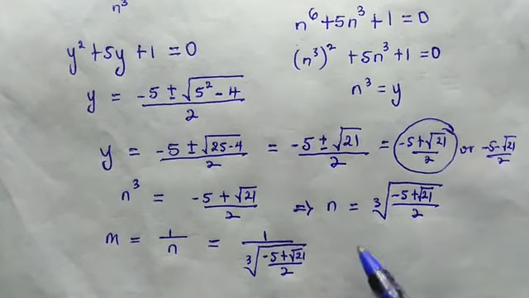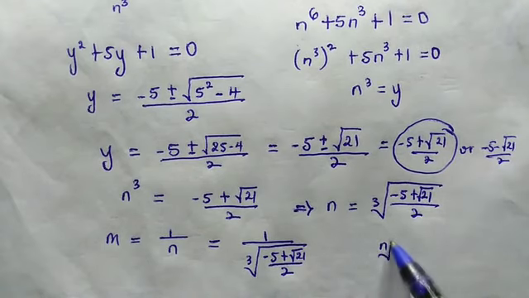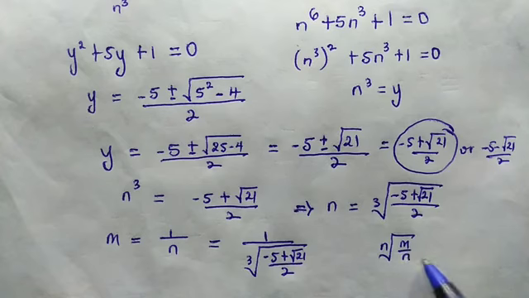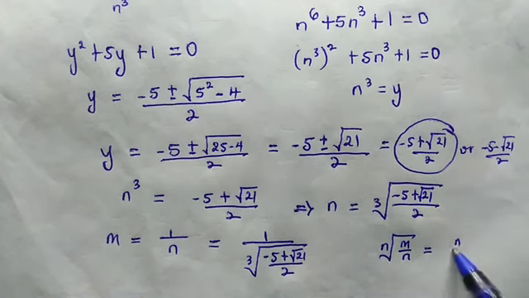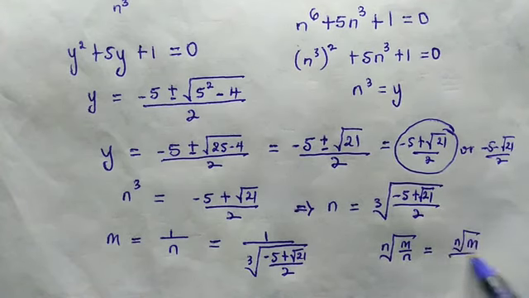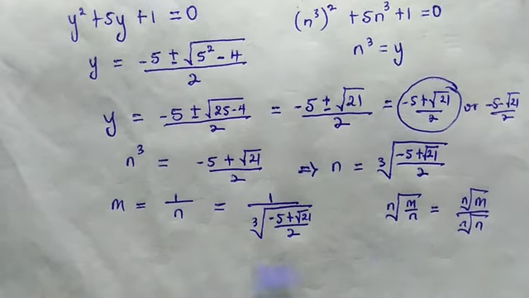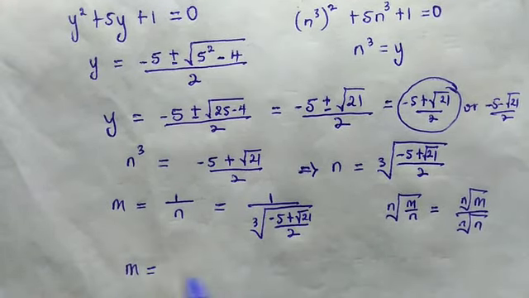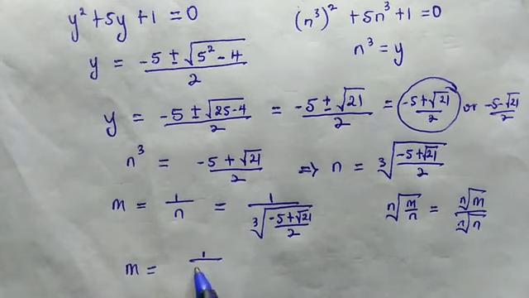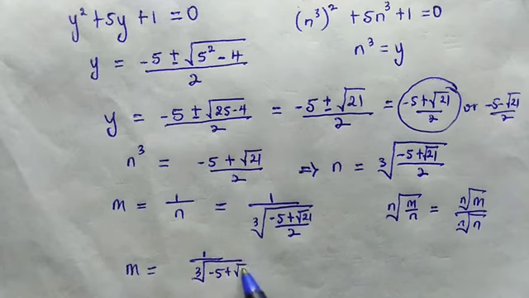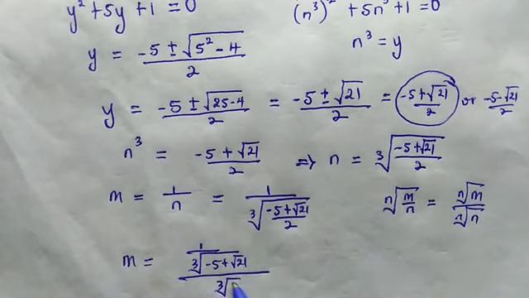So, you know this property, the nth root of m over n is equal to the nth root of m all over the nth root of n, right? Okay, so with this property here, we have m is equal to 1 all over the cube root of negative 5 plus root of 21 all over the cube root of 2.